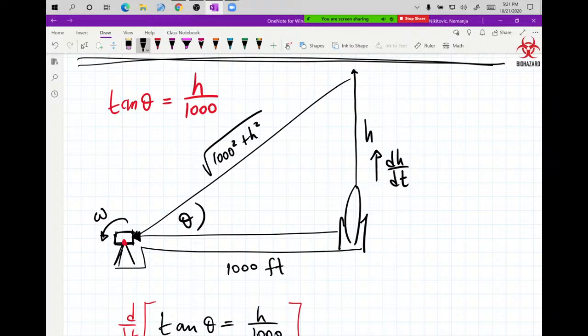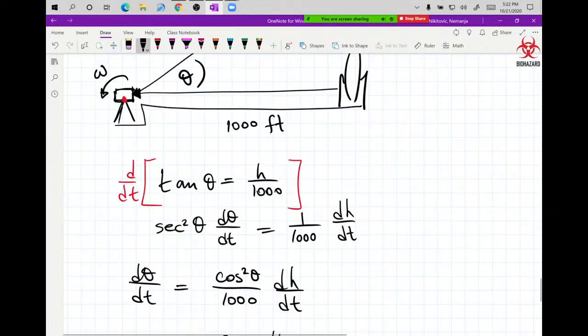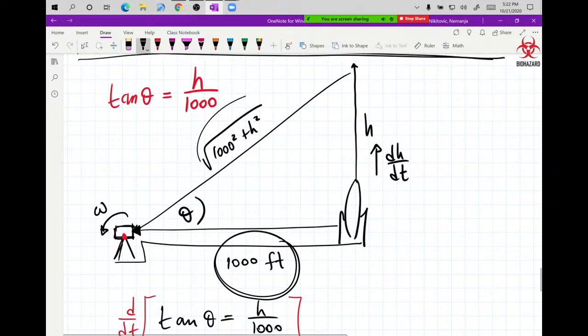That will be my hypotenuse, because it's the Pythagorean theorem that calculates that side. So my omega is going to be cosine, which is 1,000 divided by, remember, cosine is this divided by that.